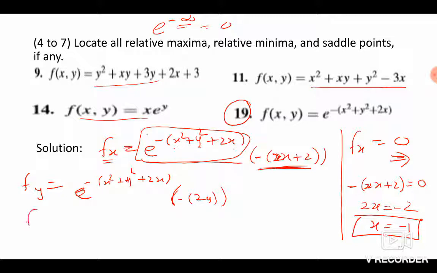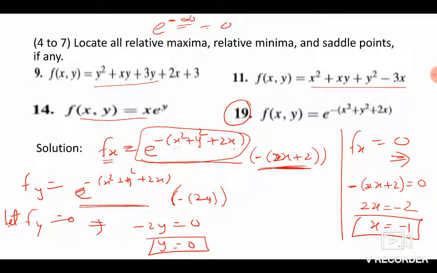Again, if you take fy is 0, similarly exponential cannot be 0, only negative 2y should be 0, therefore y is 0. So by finding the first derivatives and taking them to 0, we got the values of x and y. So the only critical point is negative 1 comma 0. We have to verify the discriminant only for this point.